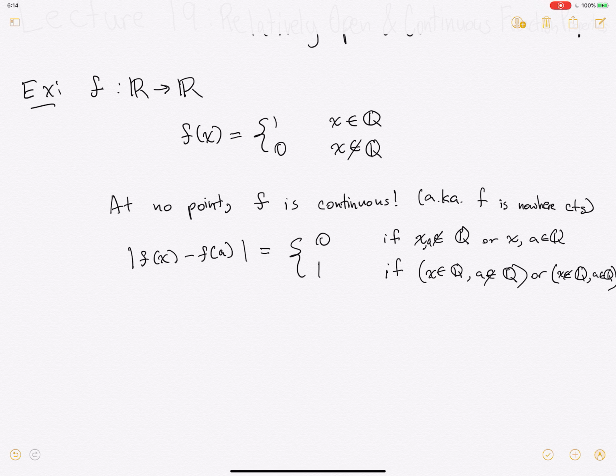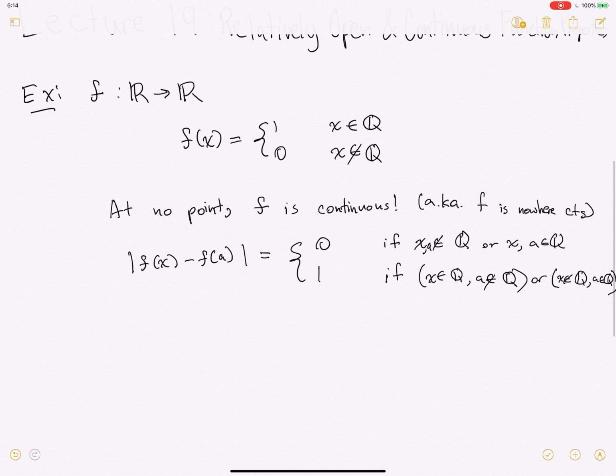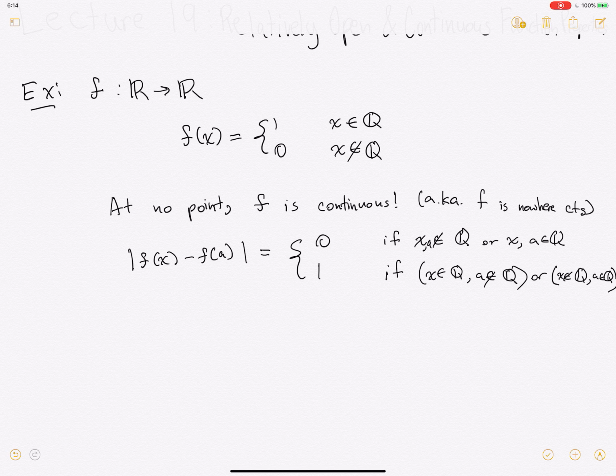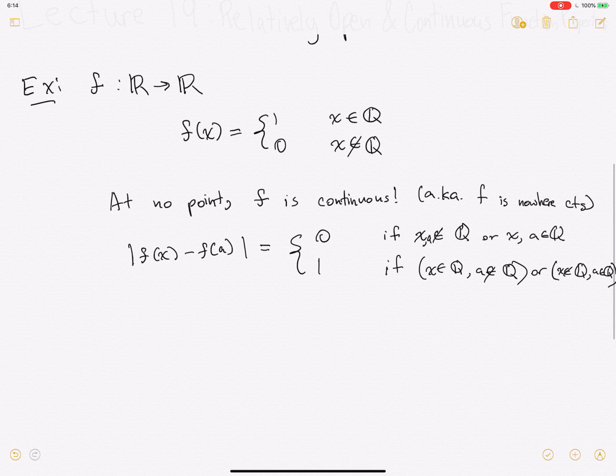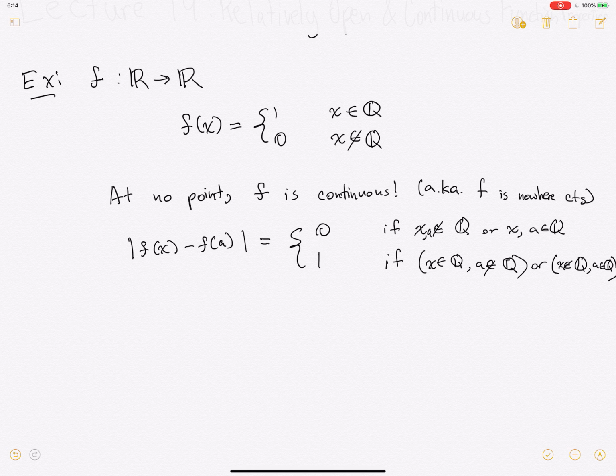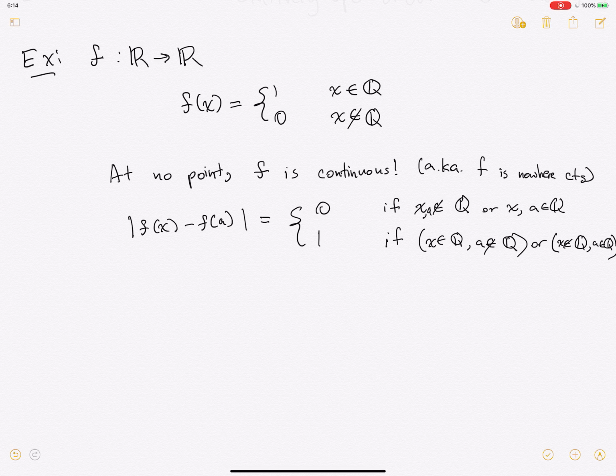So nowhere can you get continuity. It'll fail no matter what you do, where you use the definition of continuity from before.